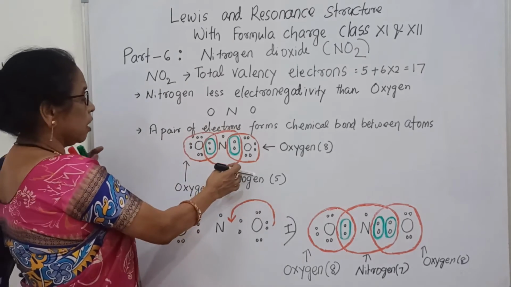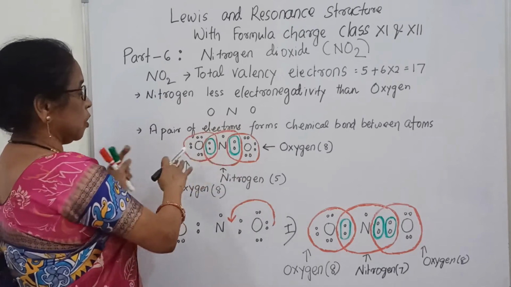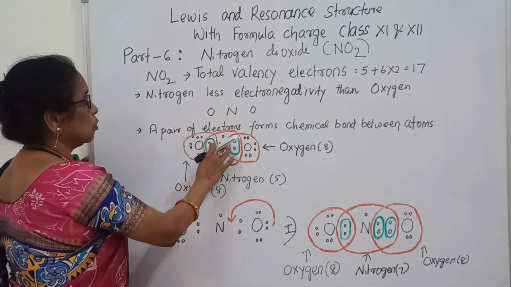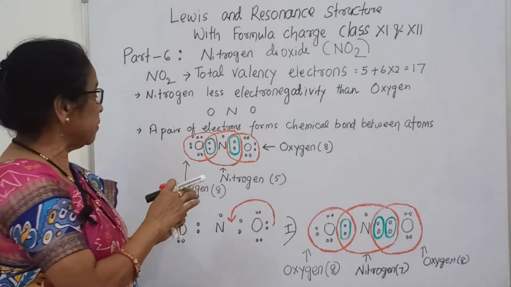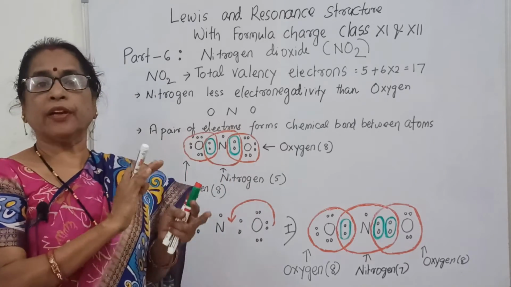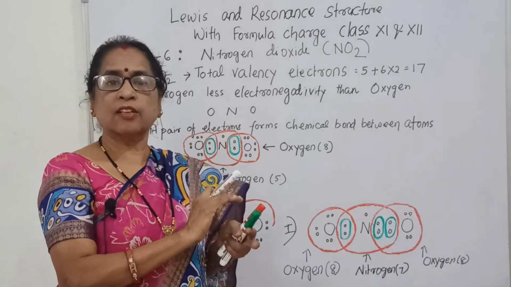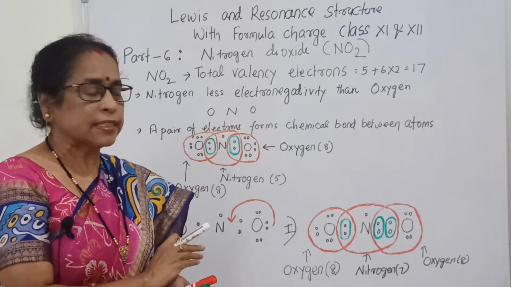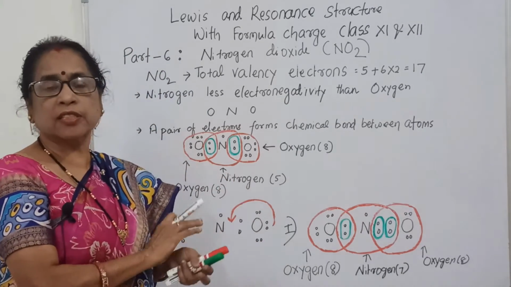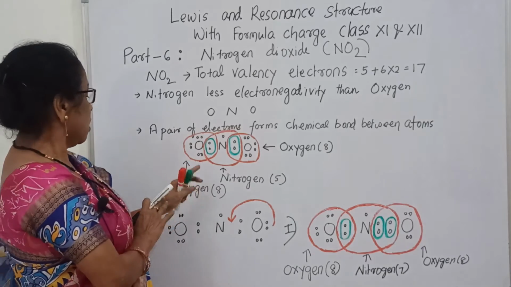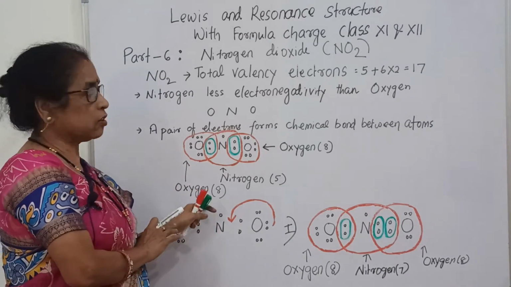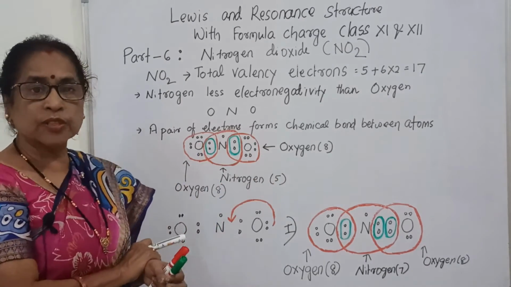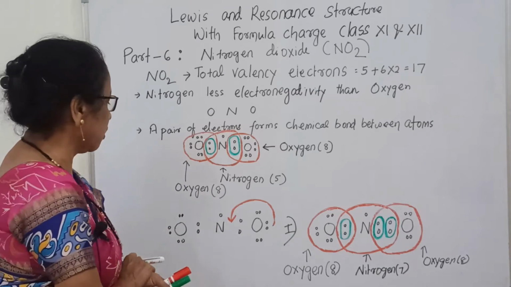Then come to nitrogen, which is in the middle of the two oxygens, and here it is 2 to 4, 5. That means nitrogen has 5 electrons, and that is not following the octet rule. It is 3 electrons less than 8. So again see, this oxygen 8 electrons, this oxygen 8 electrons, middle nitrogen having 5 electrons.